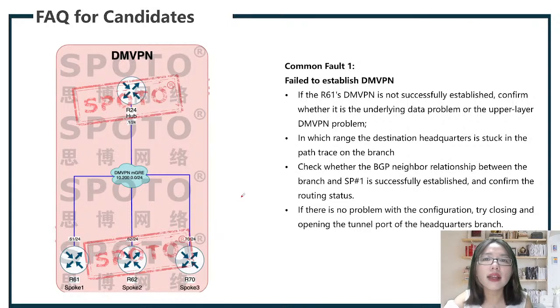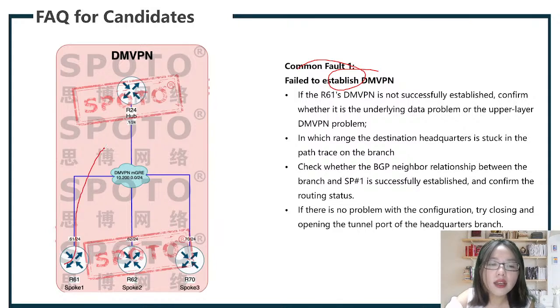The first one is that the establishment of DMVPN was unsuccessful. We emphasize that this is a very important module, so let's briefly analyze it. For example, the troubleshooting ideas for the unsuccessful DMVPN establishment of branch router 61.